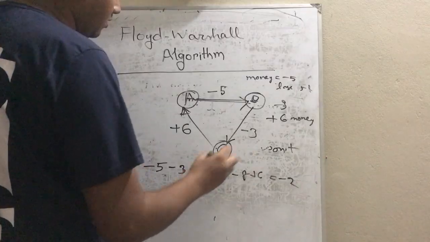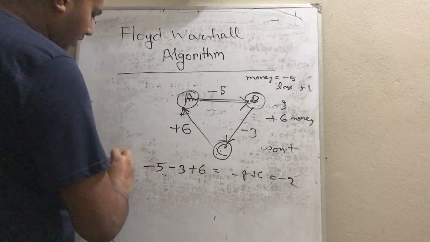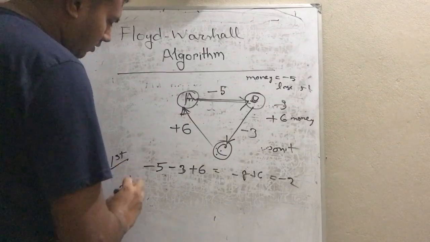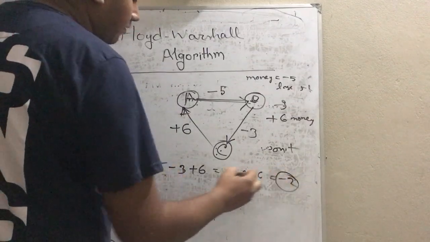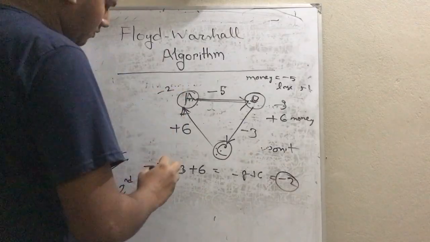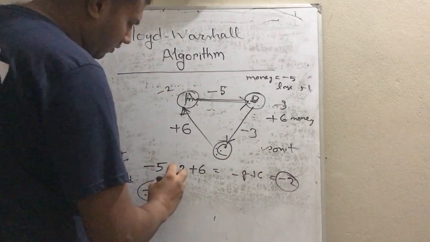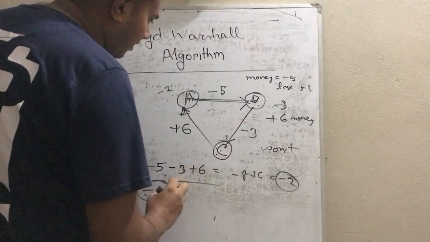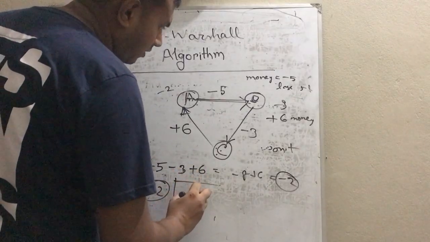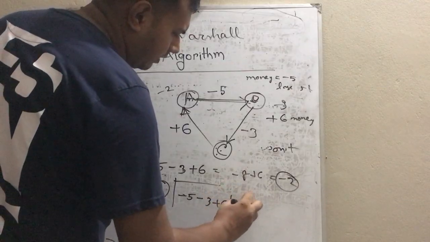Okay, this is the first cycle. In the second cycle, we already have minus 2 accumulated in A, so this is our head start. Again minus 5 minus 3 plus 6 equals minus 2.